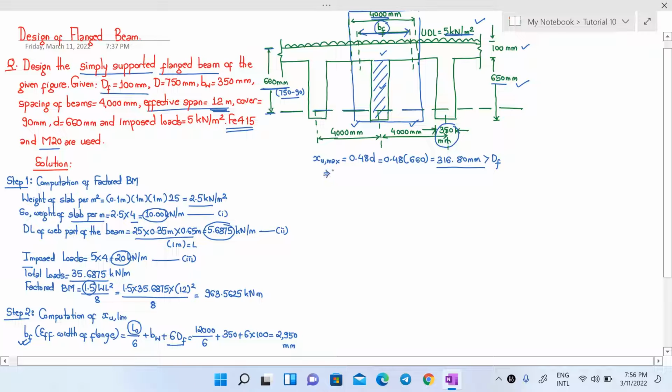That means the neutral axis lies in the web for Xu max. Remember, this is not the actual depth of neutral axis or the actual value of Xu for our condition here, but this is the maximum value of Xu which we may obtain, and for maximum value of Xu, neutral axis lies in the web, but we have to calculate the actual value of Xu later.